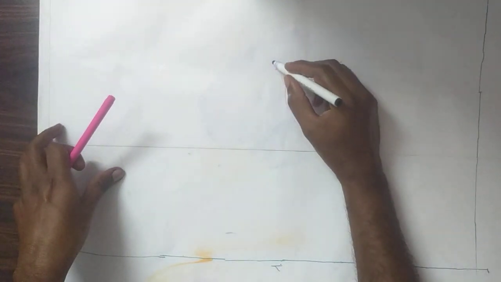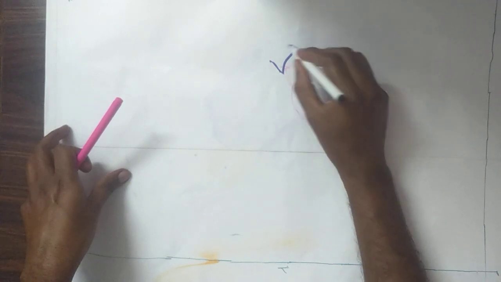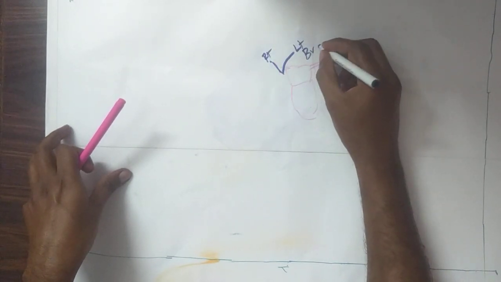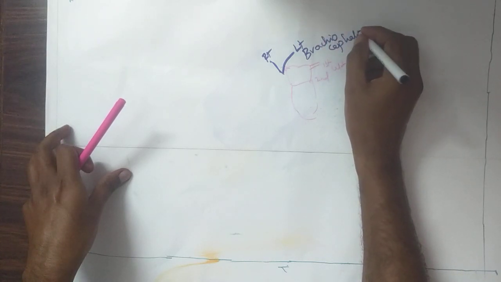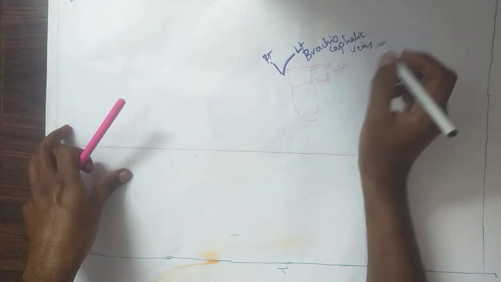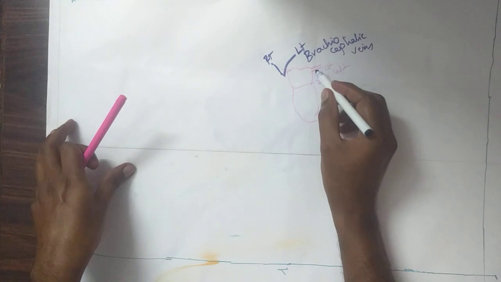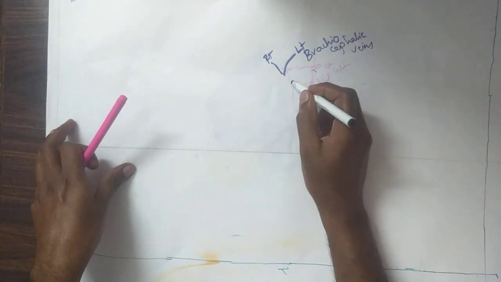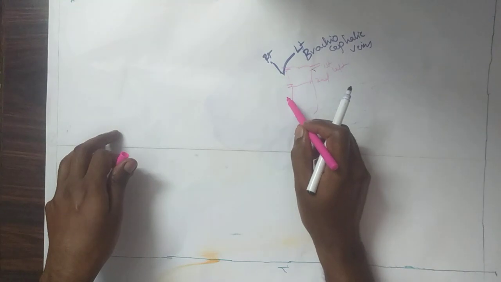Formation by fusion of right and left brachiocephalic veins. So where is this formed? This is formed near the lower border of the right first costal cartilage. From there this will be the second costal cartilage, then third costal.